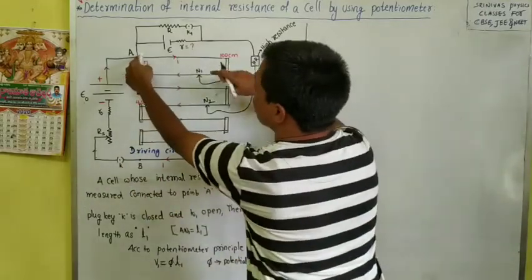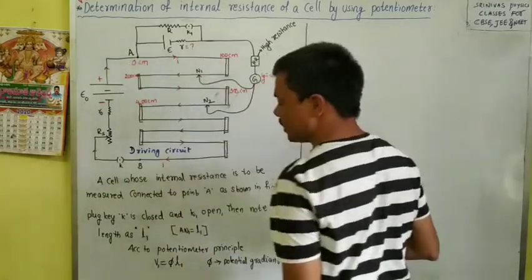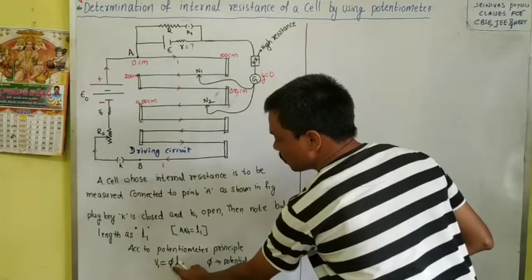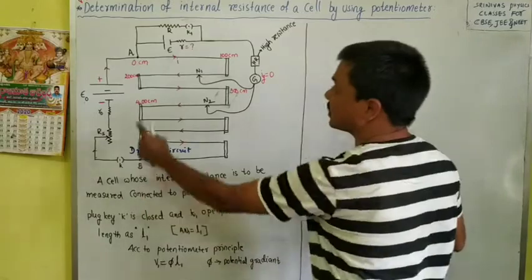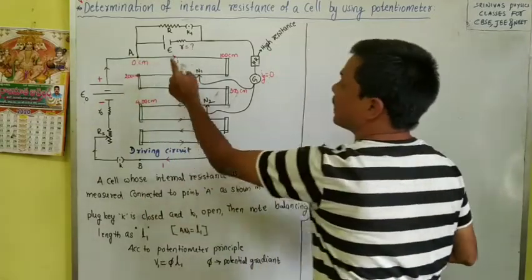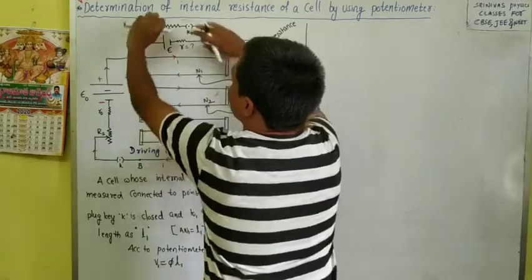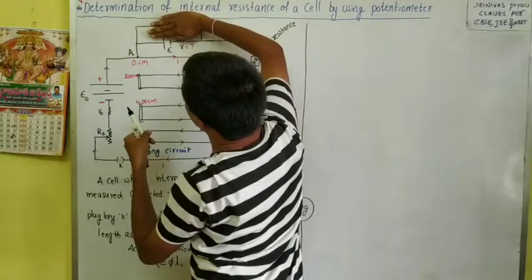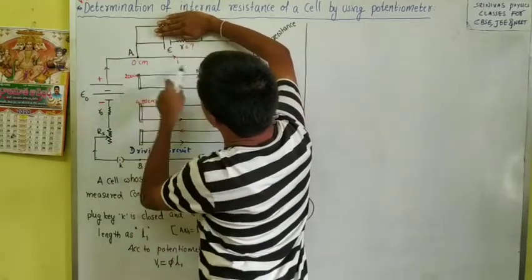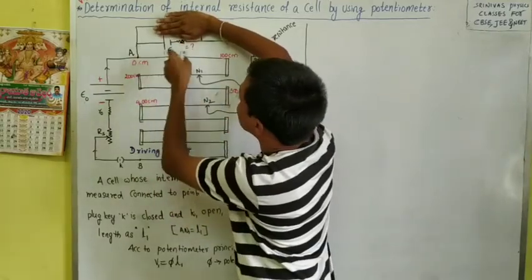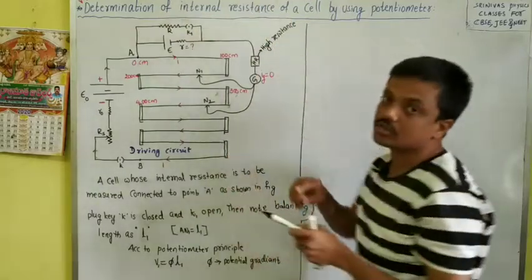According to the potentiometer principle, potential difference equals potential gradient times balancing length. The potential difference across A and N1 equals the potential difference across the cell, since K1 is open and that branch does not work. Only then does the galvanometer show zero deflection.